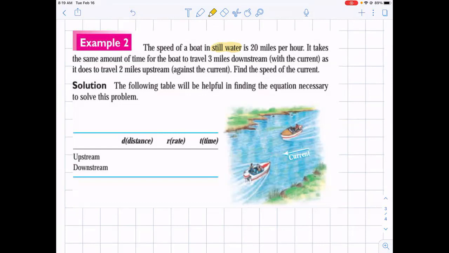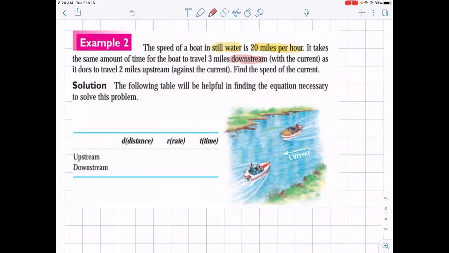So the speed in still water is 20 miles per hour. And that's the speed of the boat. It takes the same amount of time for the boat to travel 3 miles downstream. So you're probably wondering, what is downstream? Downstream means the water is traveling in the same direction.